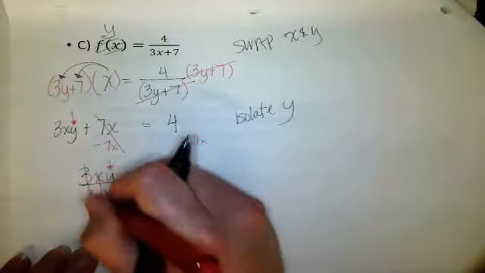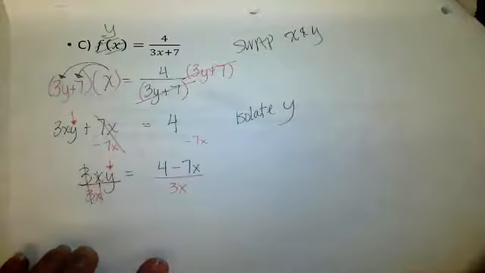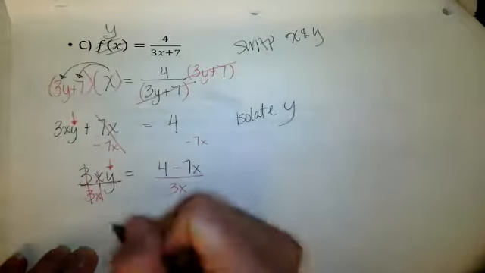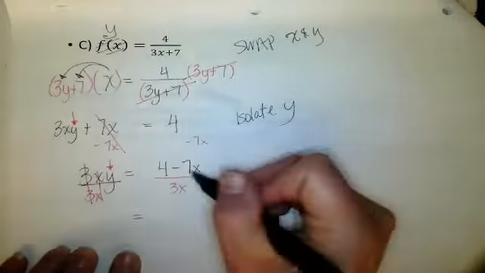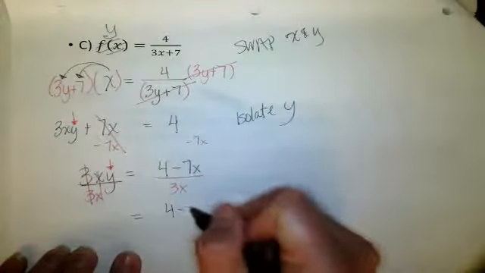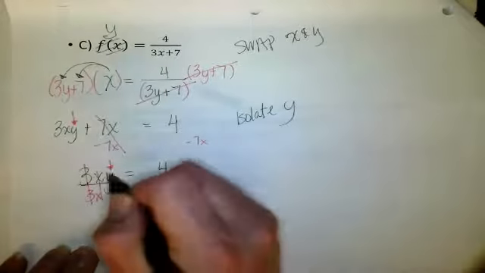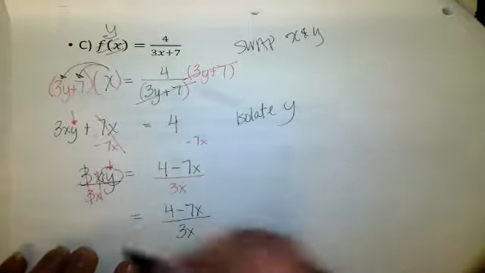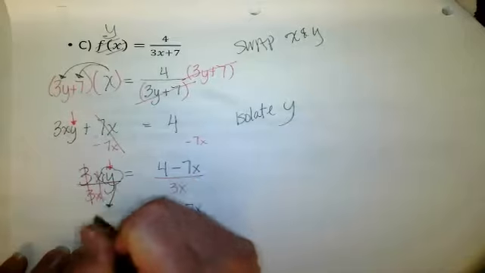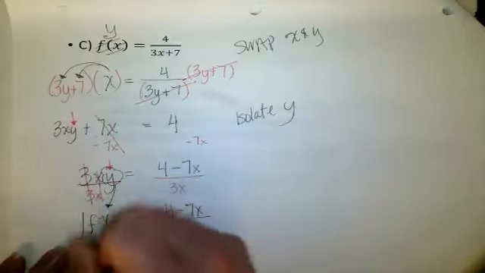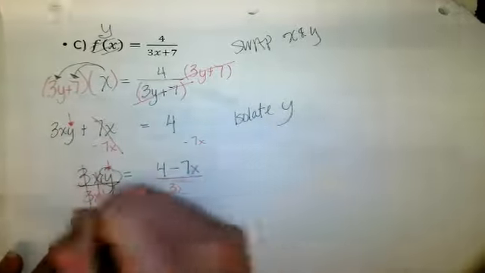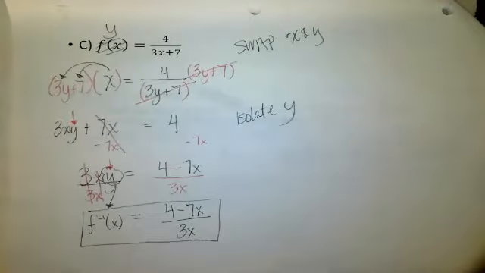So we're going to divide by 3 and divide by the x all at the same time, which makes it really handy. So we get y by itself, and then we have this on the right, (4 minus 7x) all divided by 3x. And again, I'm just going to trade the y for f inverse of x. Notation. This whole unit was just about notation.